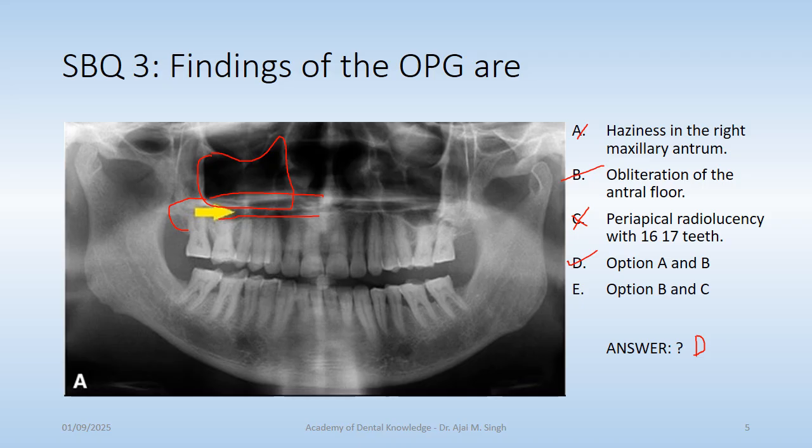It may be floor of the mouth haziness, so this option is discarded. Option D is options A and B. We have already selected it. Option E is options B and C. So C is not the correct answer. So we will tick D. The correct answer will be D.